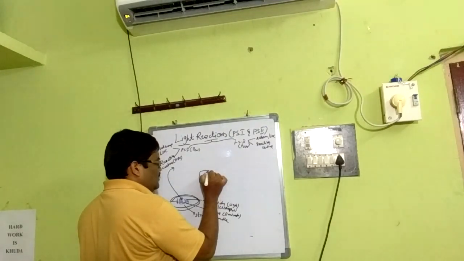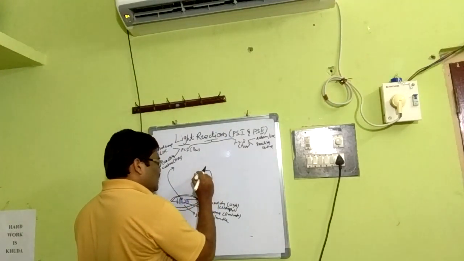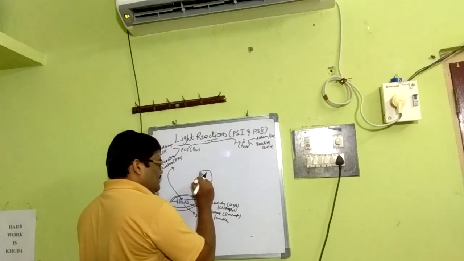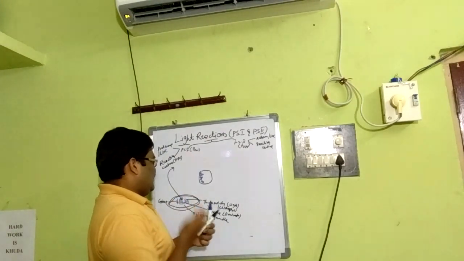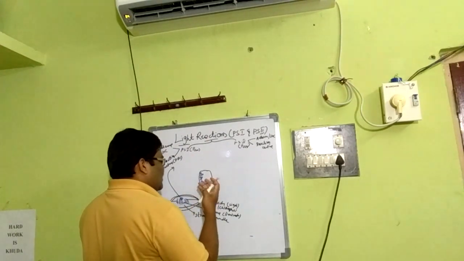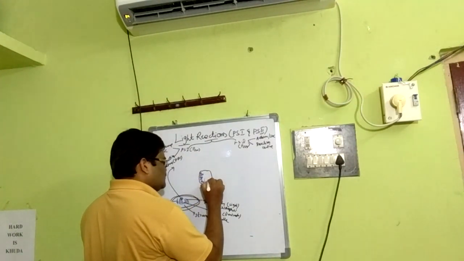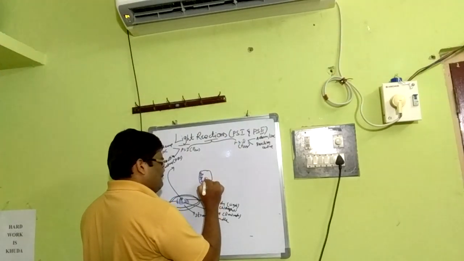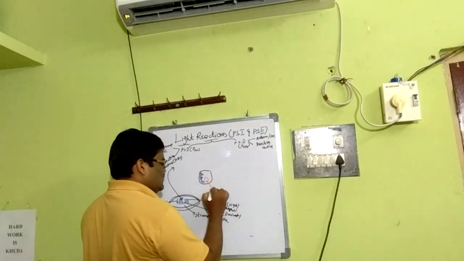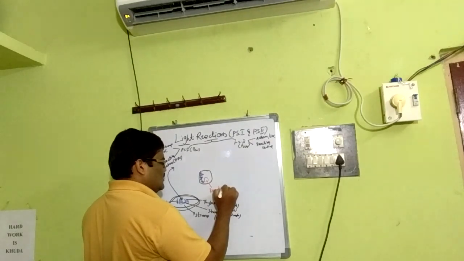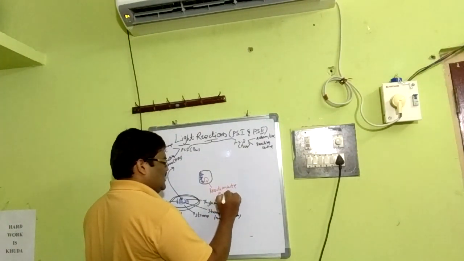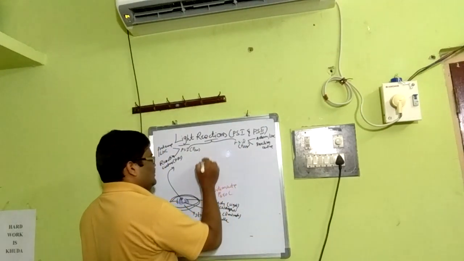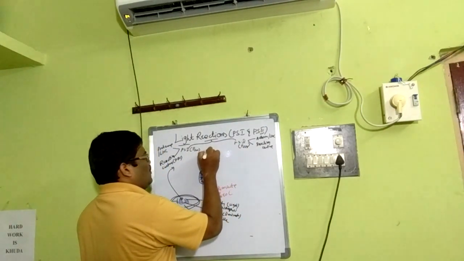This is photosystem 1, and these are the auxiliary pigments. This is the reaction center, which contains P680. It is PS2.